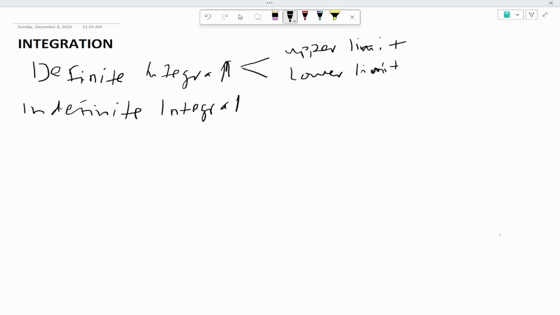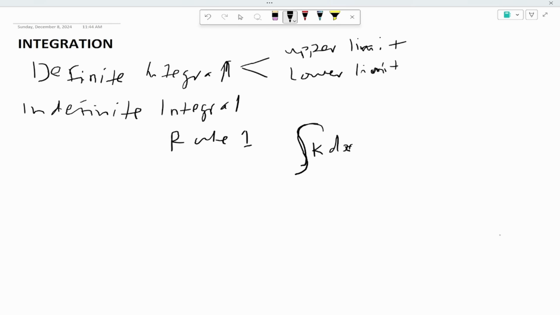There are rules. If you have a constant, for instance, you have to integrate a constant. This is the integral sign. So if you have, let's say, k, a constant, it means this k is the derivative of a function.